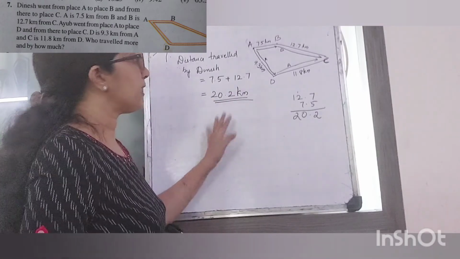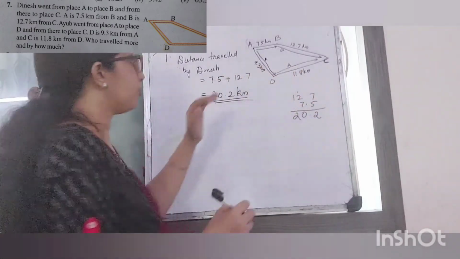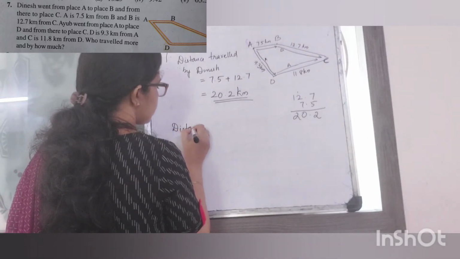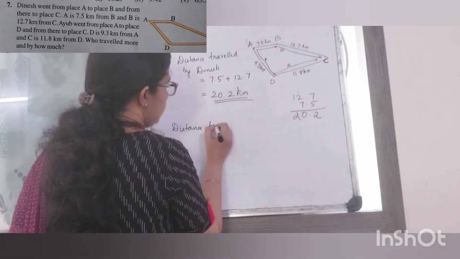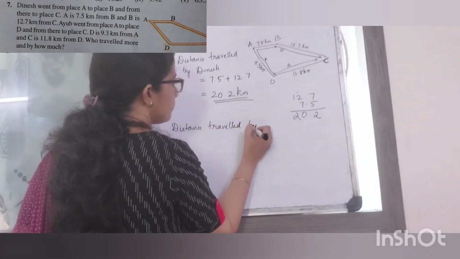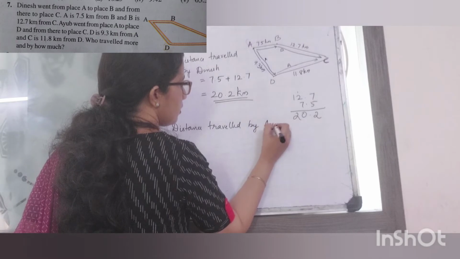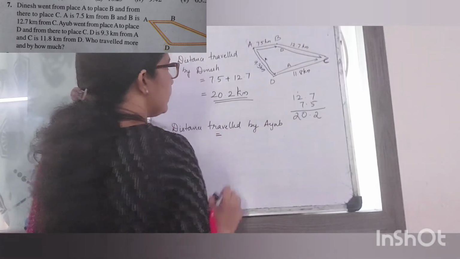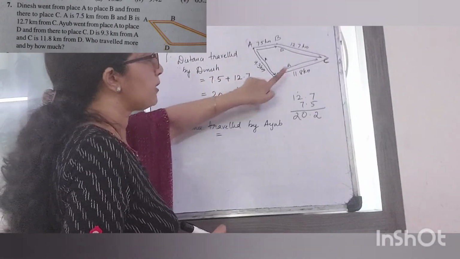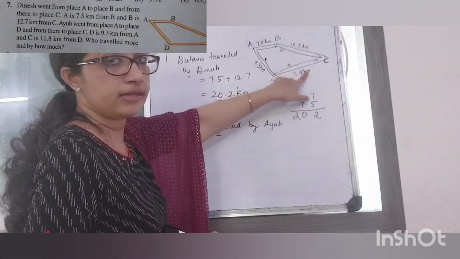Now we have to find the distance traveled by Ayub. So how can we find this? The distance traveled by Ayub is equal to A to D, which is 9.3 kilometer, and D to C, which is 11.8 kilometer.